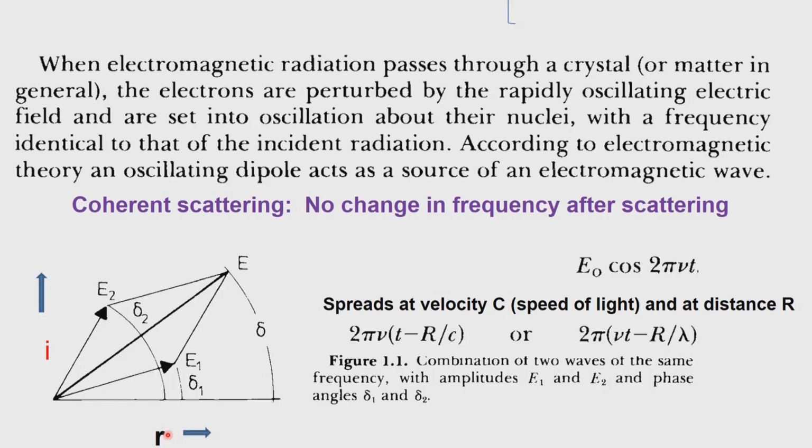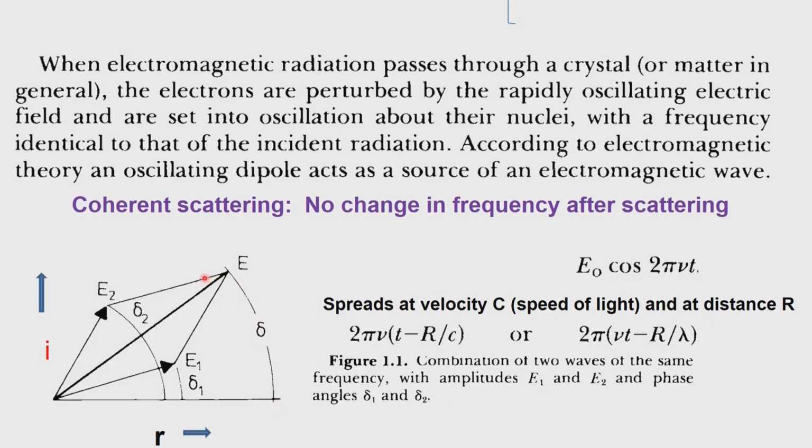So, suppose we have two waves E1 and E2, and they are now coming out from this system, and E1 is at a phase which is delta 1 and E2 has a phase which is delta 2. Then these two now will combine, and the way in which the resultant is taken is very well known in mathematics. So, we take the resultant of these two waves E1 and E2, which is E, which now has a separate phase which is delta.